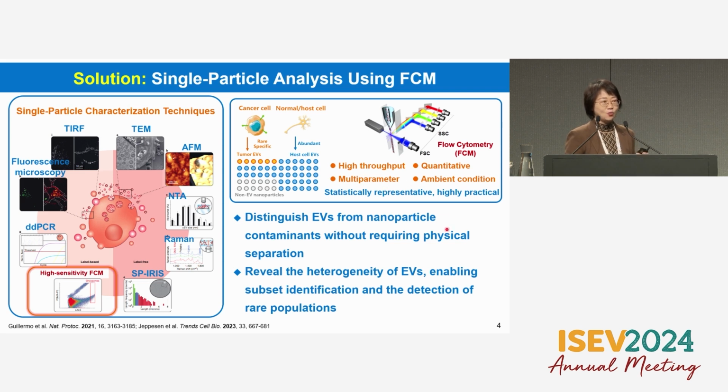It can distinguish EVs from nanoparticle contaminants even without physical separation because you are detecting them individually. It can also reveal the heterogeneity of EVs, enabling subset identification and the detection of rare populations.